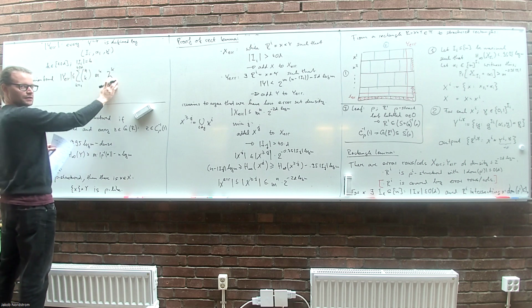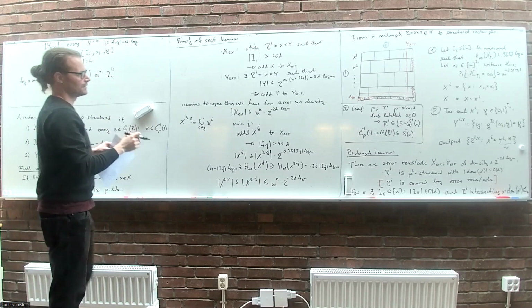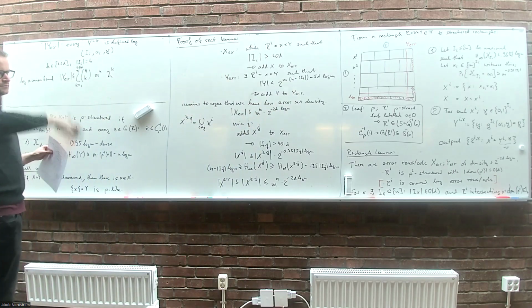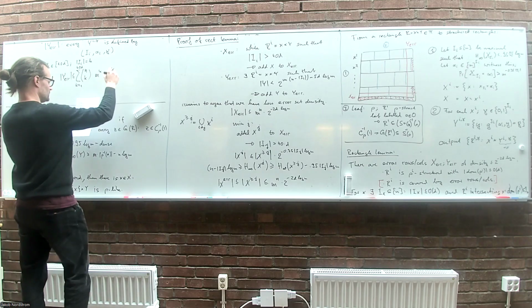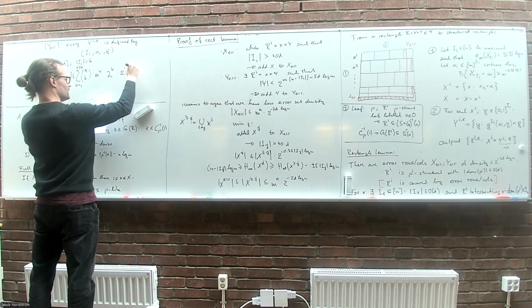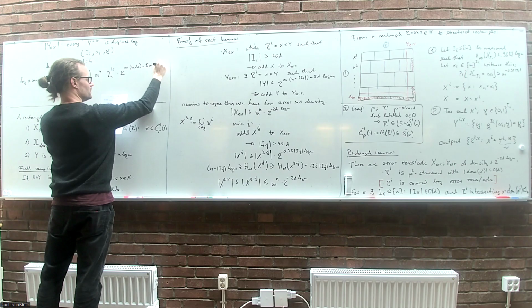We have this many such y super i gamma, and each time we add at most this many columns. So we have to multiply this by 2 to the m minus k minus 5 n.